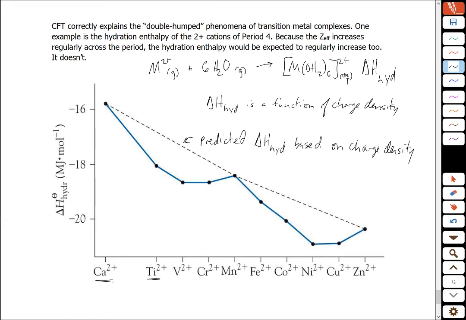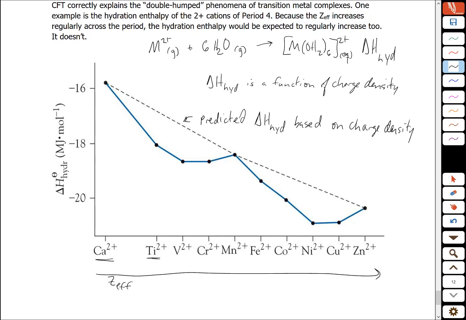And so remember that as we move from left to right across a period, the effective nuclear charge increases, which makes the ions smaller, which increases charge density.